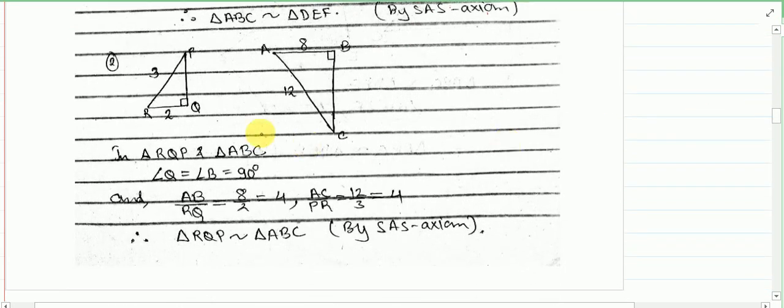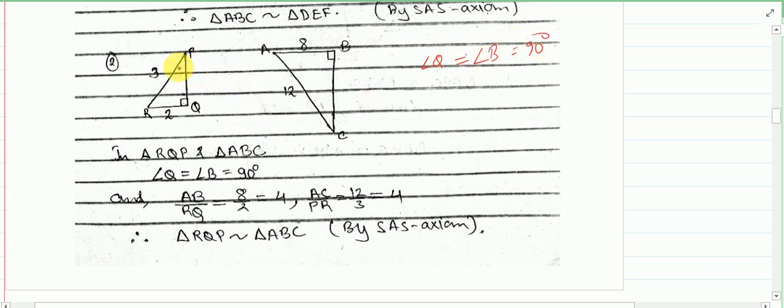See the second example, again for side angle side. So here what do we observe? That we have got two triangles, PQR and ABC. Here you can see that angle Q is 90 degrees, angle Q is equal to angle B, how much? 90 degrees.